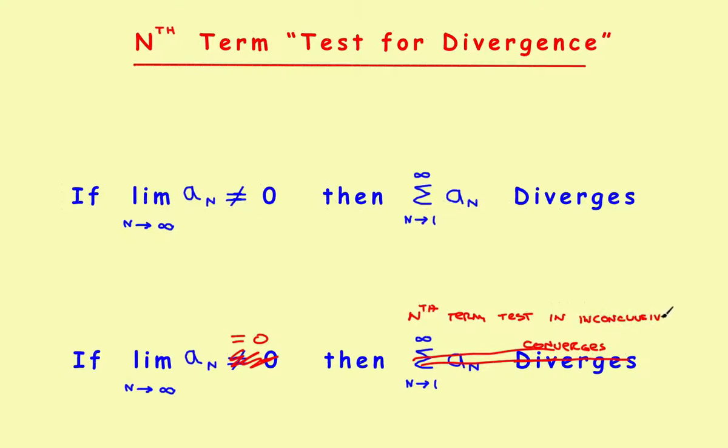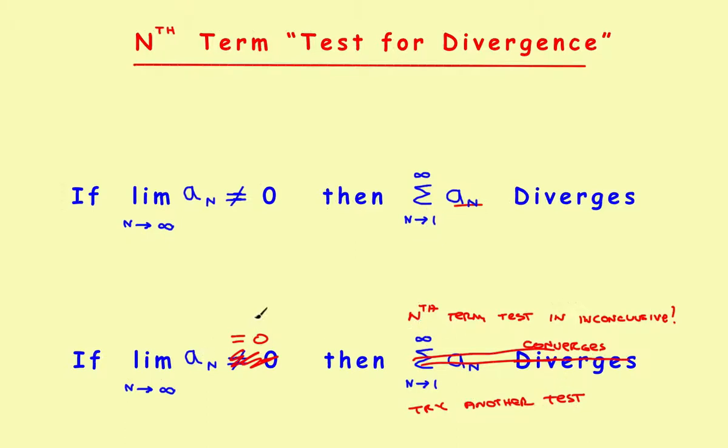So inconclusive. And then basically try another test. So try another test and see what happens. So again, if the limit of the sequence is not 0, you know it diverges. But if the limit of the sequence is 0, that does not mean that it converges, it just means that you have to try another test.